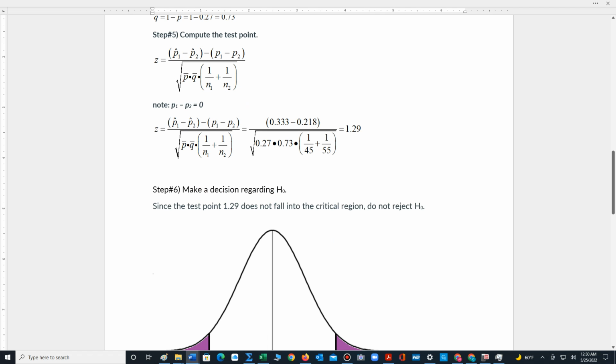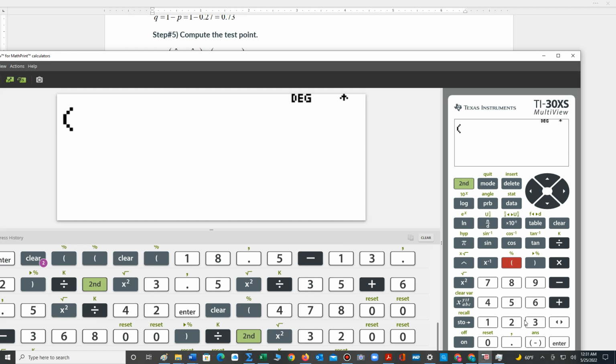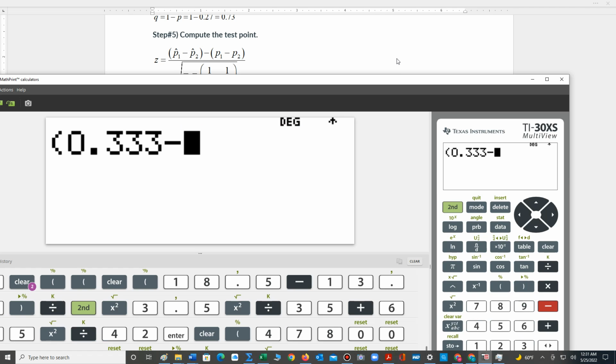Let's go ahead and work that out using a scientific calculator. So for the numerator, I type in 0.333 minus the second sample proportion, 0.218.